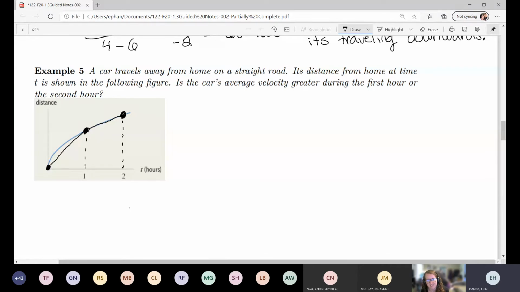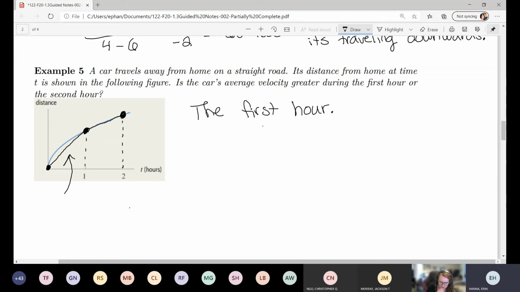Since they're both positive slopes, we can look at which one's steeper. Which one's steeper? This one right here. It's got a steeper slope than the other one, which levels out a little bit. So this is going to have a greater average velocity in the first hour.